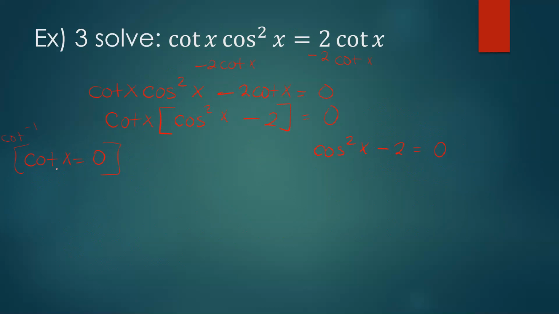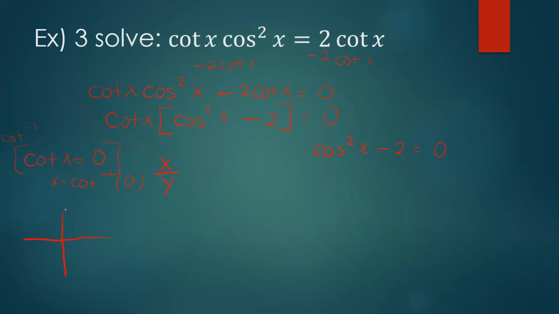You would get x equals cotan inverse of 0. So what they're saying is what angle in radians is going to give you a cotangent of 0. And if you recall, cotan is not the same thing as tangent. It's the opposite. So cotan is x over y, right?